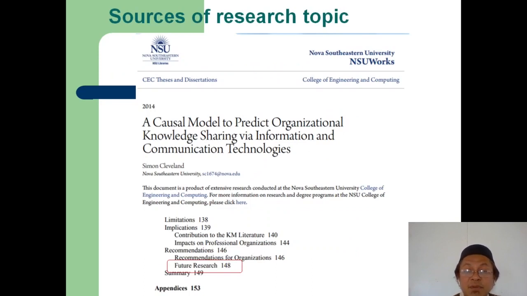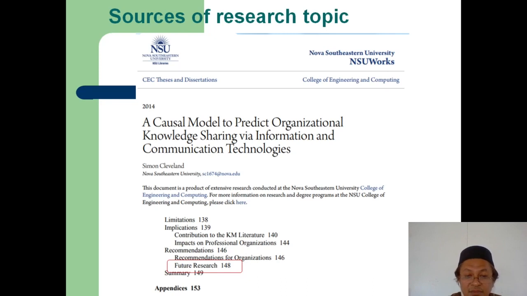Okay, another example here, a causal model to predict organizational knowledge sharing via information and communication technologies. Well, this is actually a thesis. Okay, I just searched the internet and got this one thesis here. So this is the research thesis, and you can see I have picked up a snapshot of the table of contents.